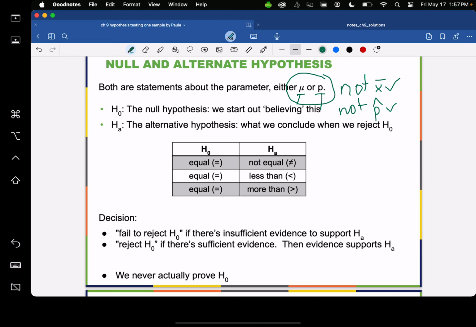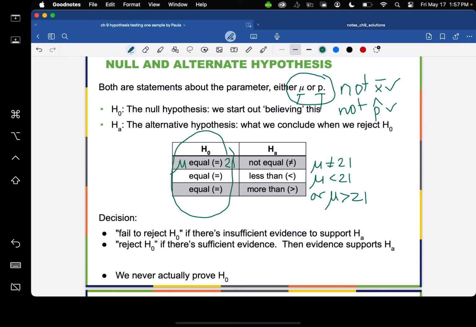So traditionally in this class, the null hypothesis has the format of, let's just say, mu equals 21. And then the alternate hypothesis could have a number of forms. It could be mu is not equal to 21, or it could be mu is less than 21, or it could be that mu is greater than 21.